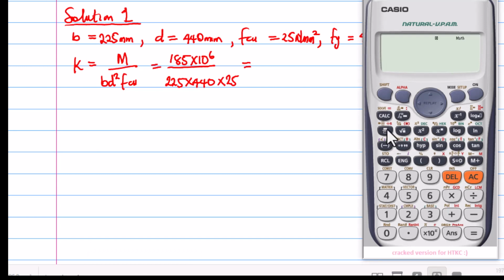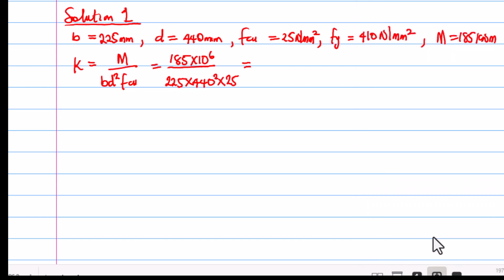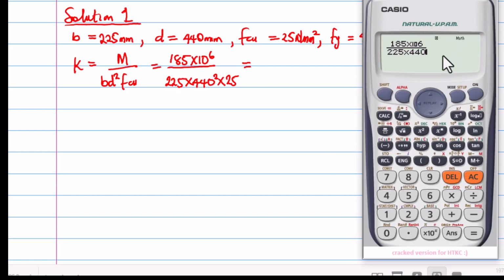Okay, from our calculator we can quickly get this. This is 185 exponential 6 divided by 225 times 440, then times, okay, don't forget here should be 440 squared. So I'll go back to the calculator and say this is 440 squared.